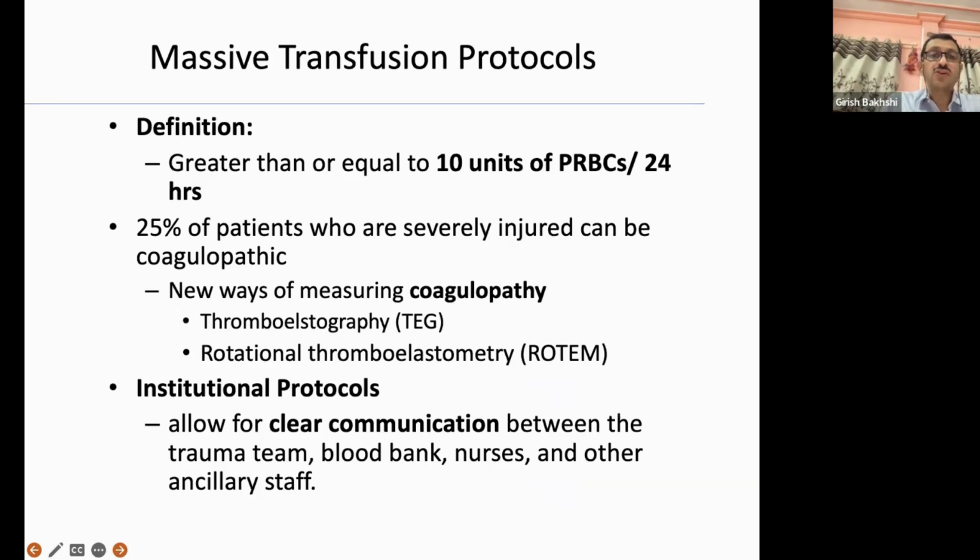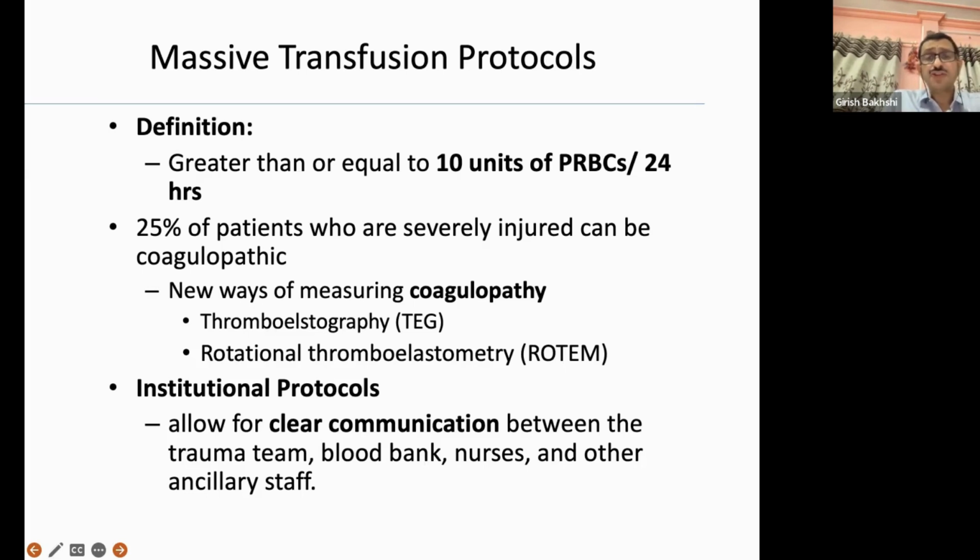One thing, because a lot of students and postgraduates will be attending, remember there is something known as massive transfusion. What do you call massive transfusion? When more than 10 units of PRBC are required in 24 hours. Now, 25% of patients who are severely injured will be coagulopathic.